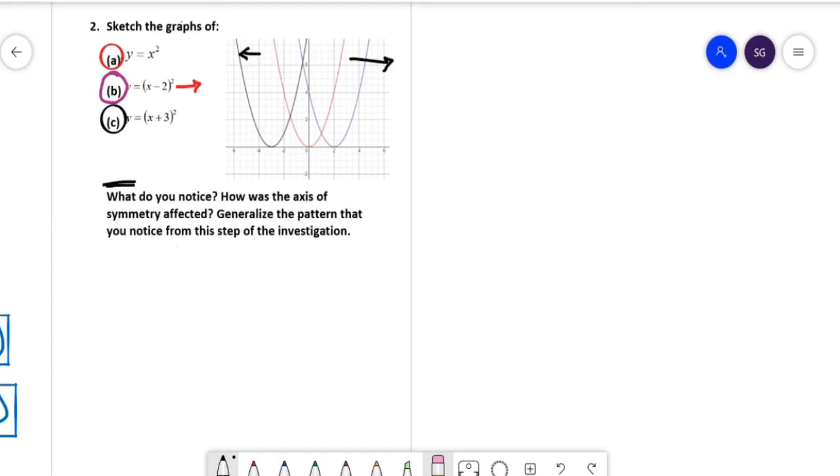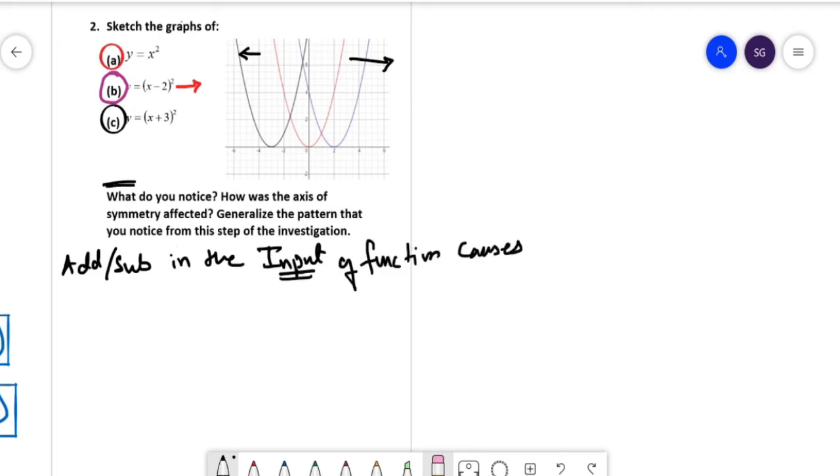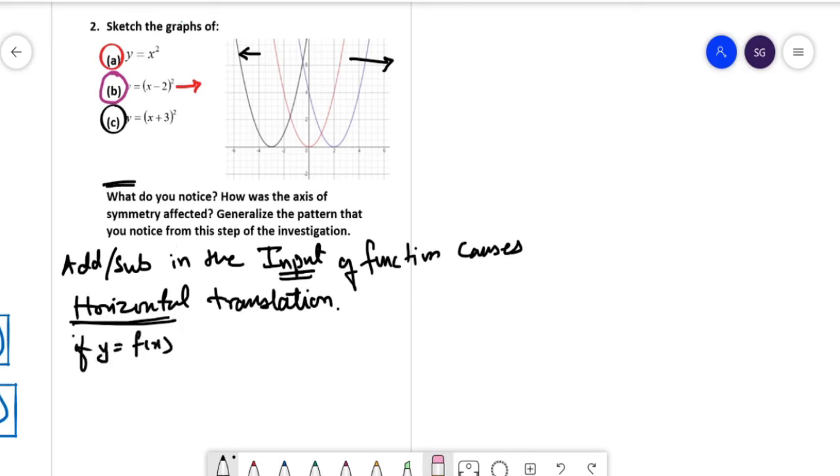So what we notice here is addition or subtraction in the input of the function. That's notable. Input of the function causes horizontal translation. Now, what is this horizontal translation? It's the reverse way of remembering. So if we have y is equal to f of x, then y is equal to f of (x plus a) is translation backwards.